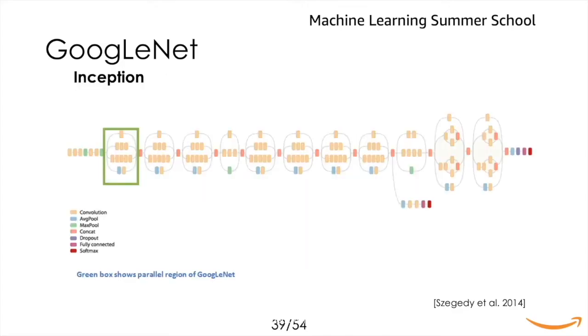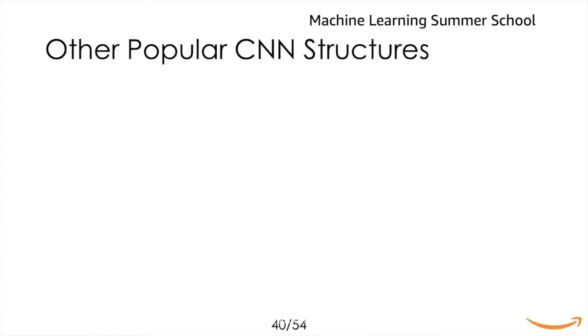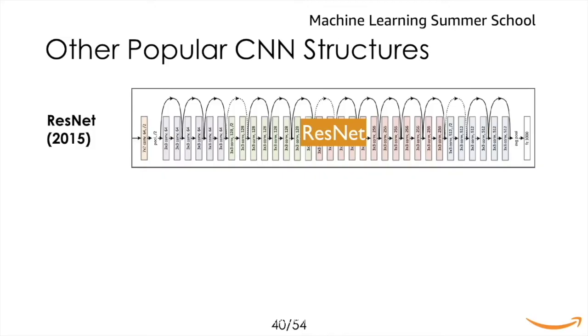So GoogleNet is composed largely of these Inception modules along with some other layers, just like a simple CNN, to give the entire network. GoogleNet was able to get a good accuracy improvement over the previous year's ILSVRC. A couple of other popular CNN structures, ResNet.